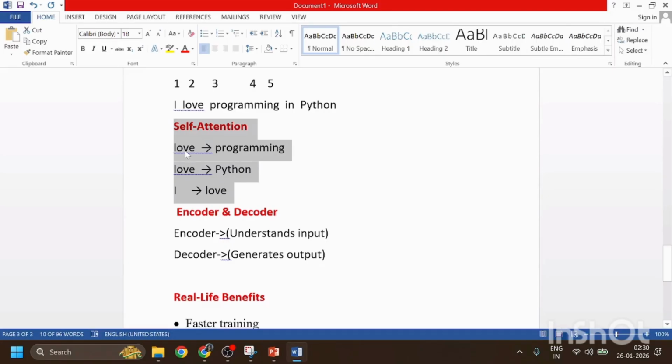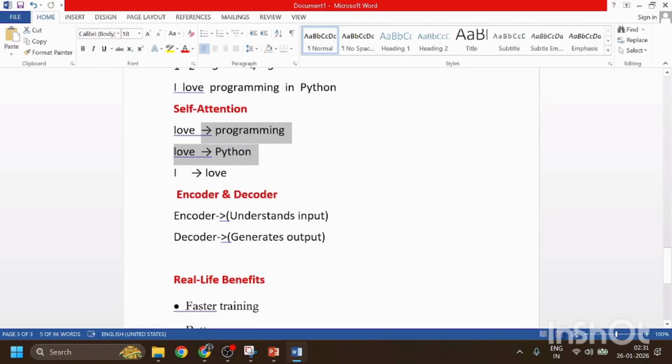The word love, here you can see, focuses more on programming, and more on programming and Python. This is how context is built. This is not understanding, this is advanced math.